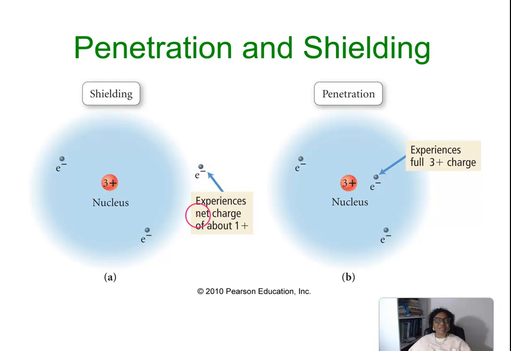This is experiencing a net charge of about +1 from this +3 because these 2 electrons are shielding it. But let's look at this electron here. This electron is experiencing a full +3 charge, because it's very close to the nucleus. It has penetrated into the nucleus.